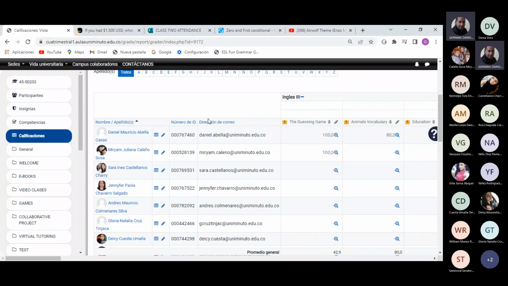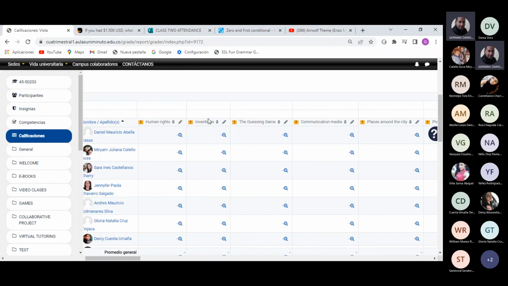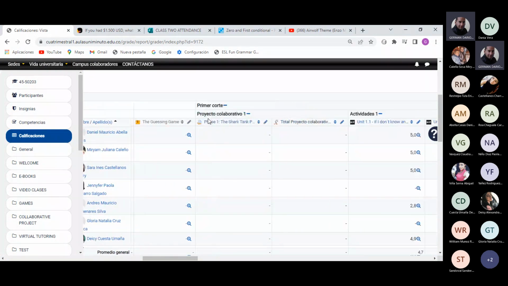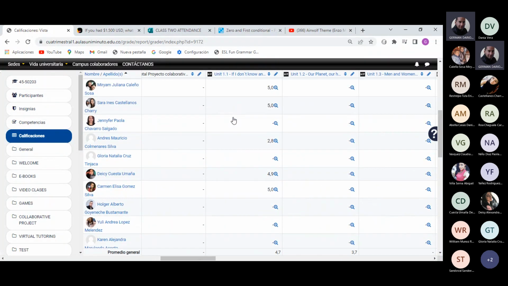The idea is that last week you should have finished unit 1.1. So according to this order, I can notice that, for example, Jennifer Paula Chavarro hasn't started unit 1.1 yet.